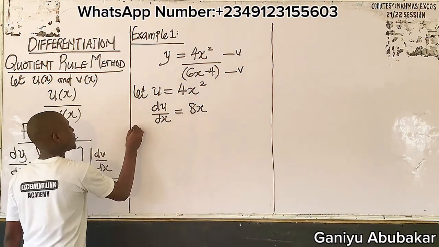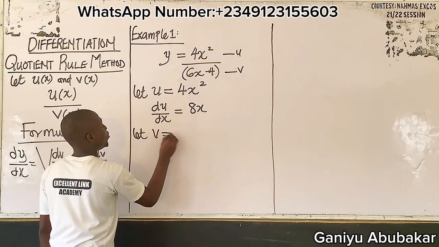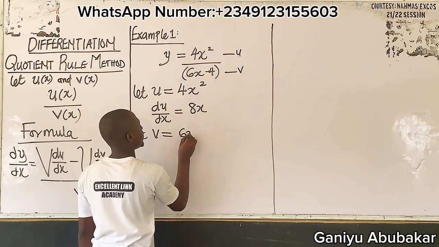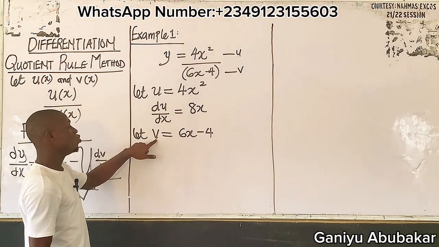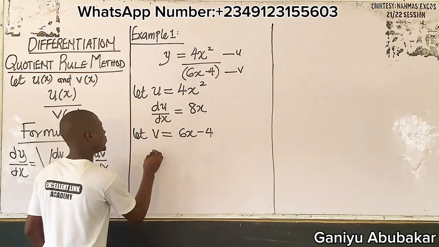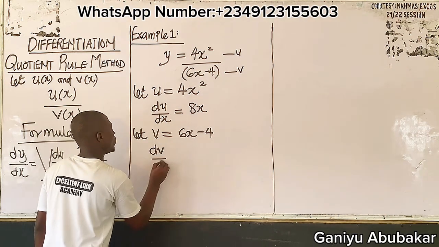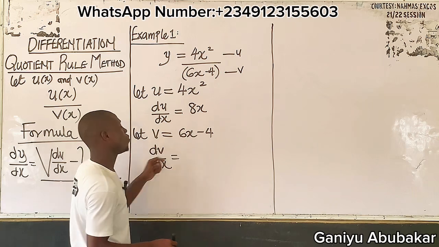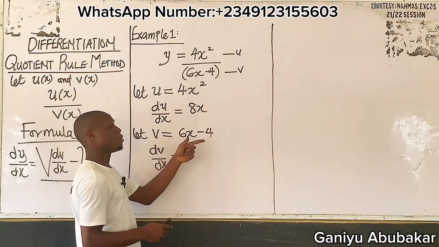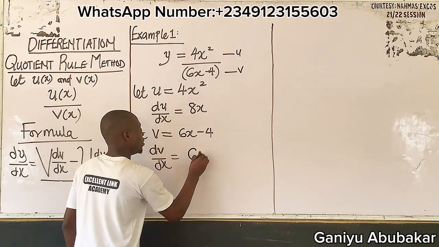Also, let v be equal to 6x minus 4. If I differentiate v with respect to x, I'll have dv over dx equal to just 6.